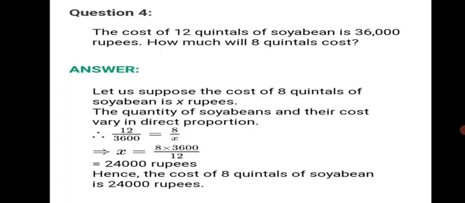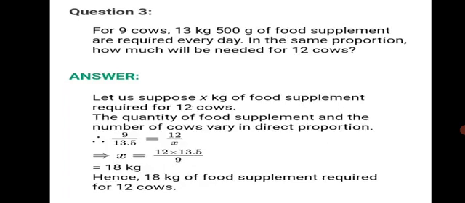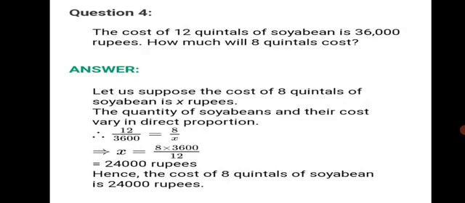Now take the ratio. 12 upon 36,000. A 0 is missing here for 36,000, so kindly write it down. So 12 upon 36,000 is equal to 8 upon x. Now cross multiply. x into 12 is equal to 36,000 into 8. x is equal to 8 into 36,000 upon 12 is how you get it.